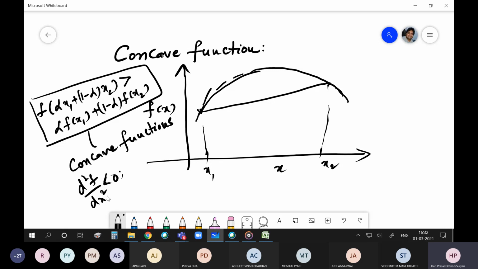So whatever maximum you get for such type of functions, how many maximas can this function have? One. There will be only one. So whatever maxima you get will be the global maxima. That means the local maxima is itself a global maximum.